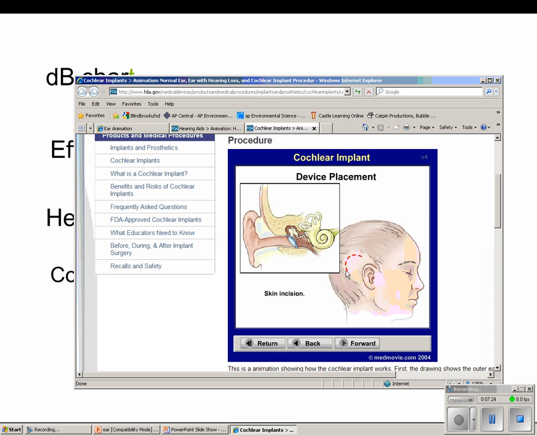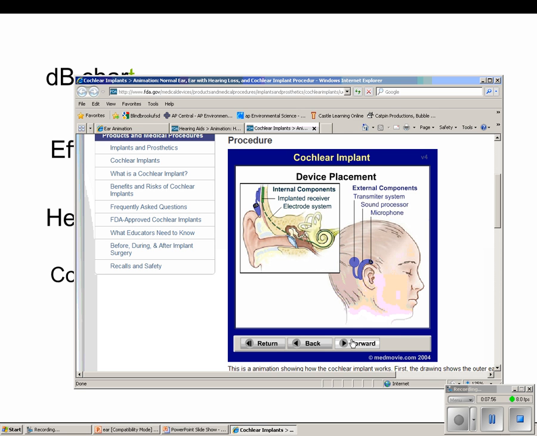A cochlear implant is actually going to have an incision into the skin, and it's going to be implanted so that it's going to go through the bone, and the receiver is going to be implanted alongside where you'd have brain tissue, which will then be able to direct sound into the ear.